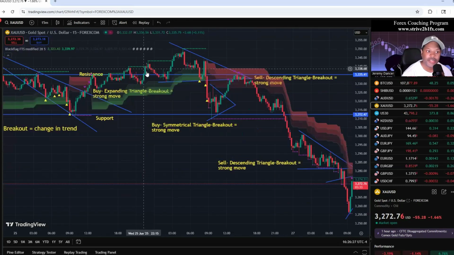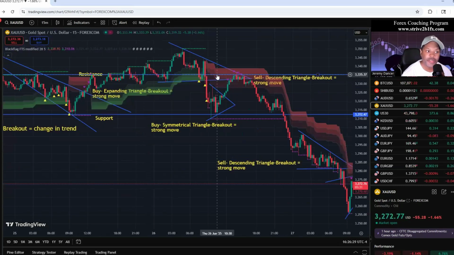All right. Now, another good one that I really like is descending triangles. Okay. So, with descending triangles, one of the things that you'll notice is the support line in the descending triangle usually ends up becoming a future area of resistance.